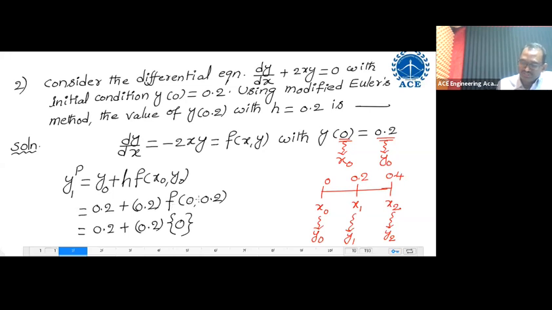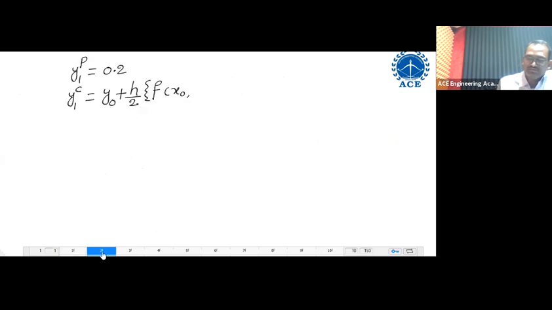F of 0 comma 0.2, x value 0, y value 0.2, minus 2 into 0 into 0.2. So that is the way it has come.